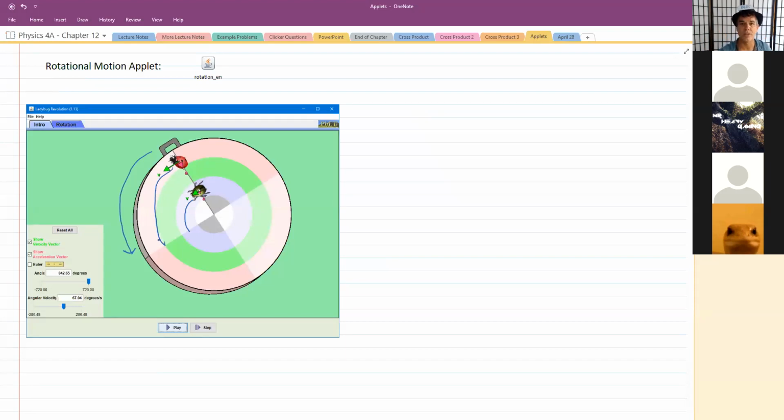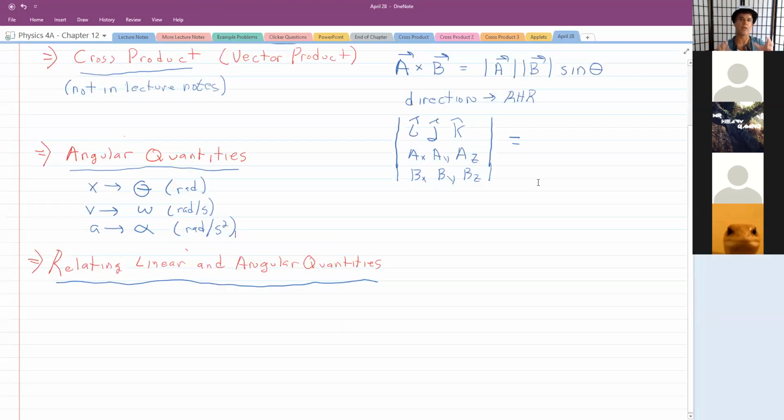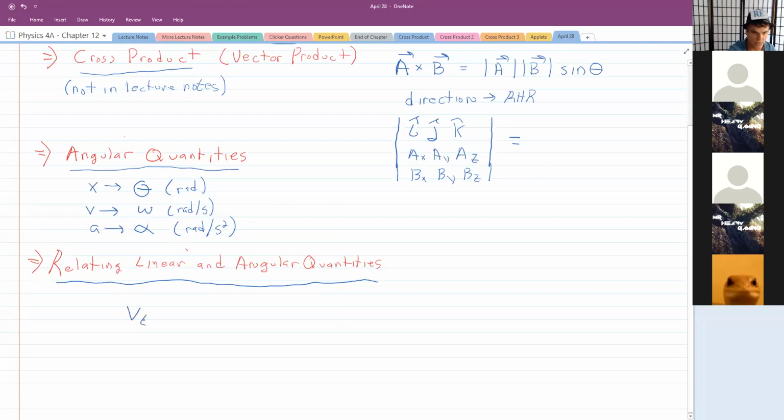So in terms of relating the angular quantities, the three things that are going to be important is my tangential speed is given by r times omega. R is how far away from the axis of rotation you are, and omega is just the angular speed in radians per second.